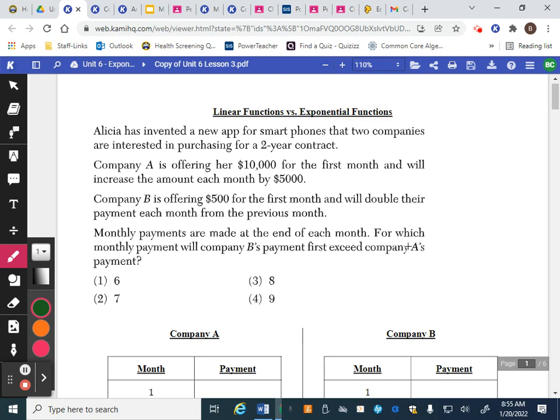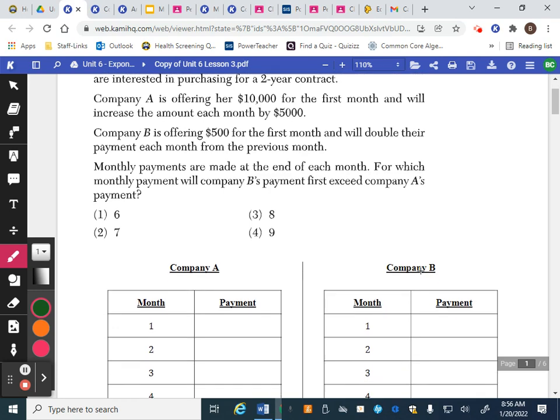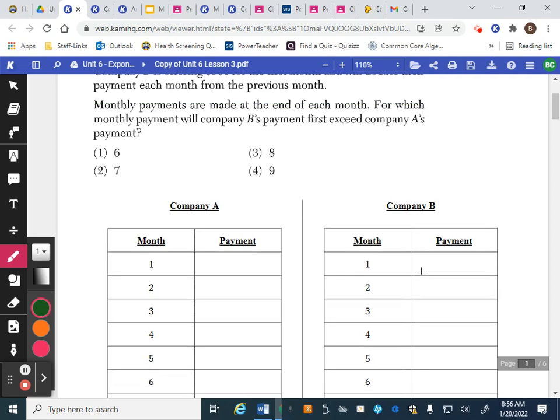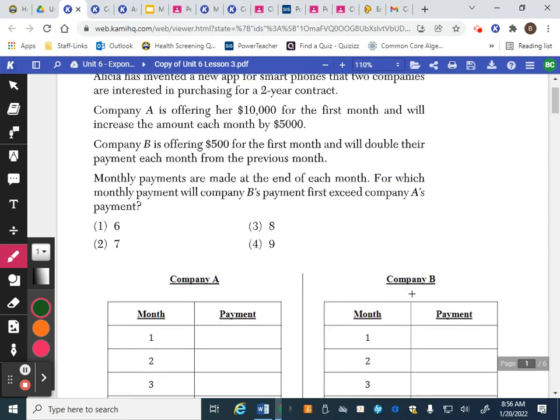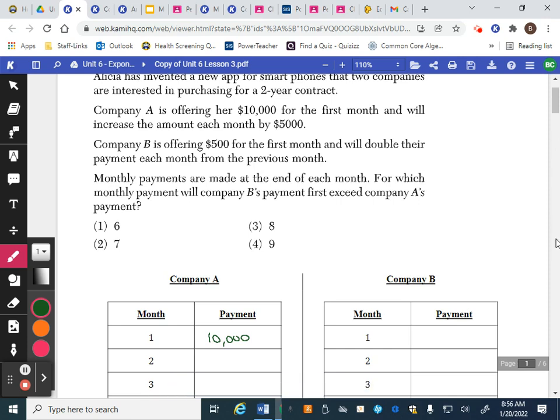All right, so this question is a good question to compare and contrast the different ways the money's growing. So I set up a couple tables here. Company A is starting off with 10,000 for the first payment, and they're increasing the payment by 5,000 each month.